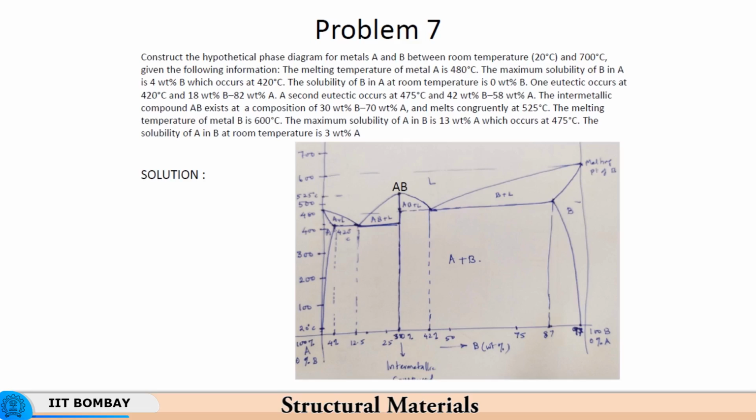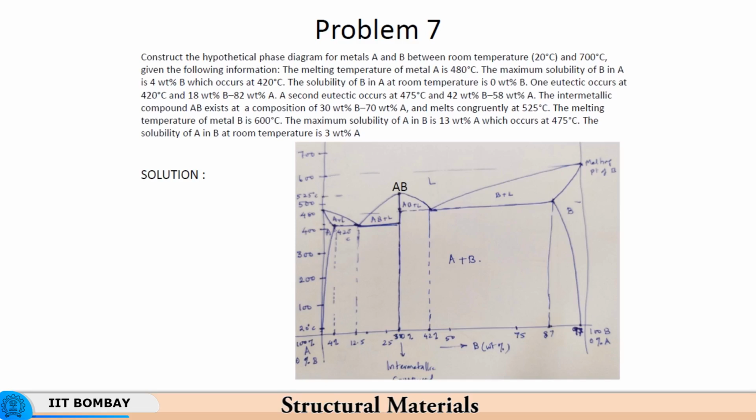Then you know that the solubility limit of B in A is 4% at a certain temperature. So, you locate this point and you extend this line, because this is also the eutectic temperature which has been stated. So, now you join this point over to this, and from this point the solubility decreases to 0 at room temperature. So, you go down and draw this curve to 0 over here.